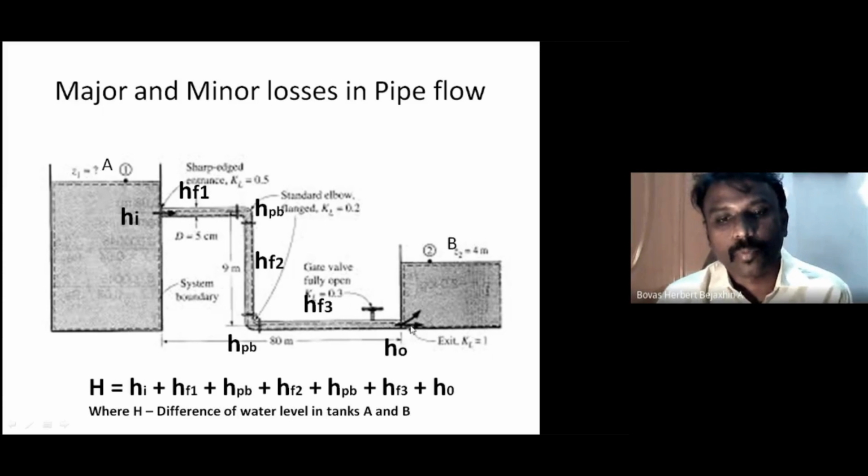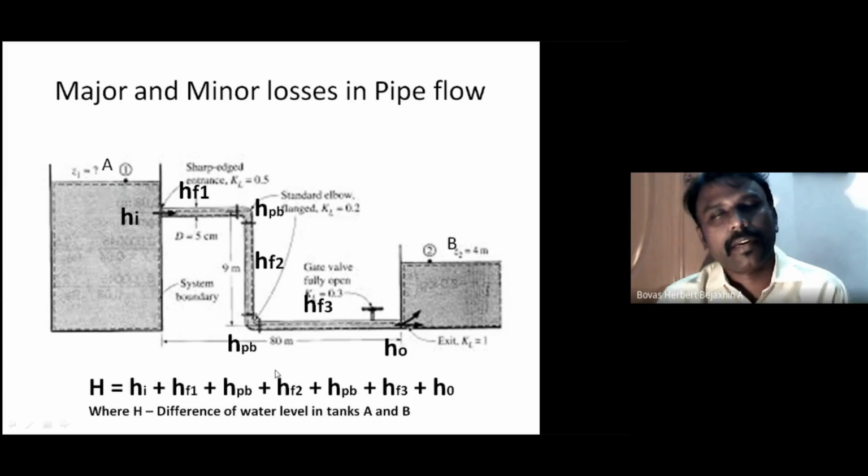So the summation of all these losses, major and minor, should be equal to the difference of level of water between tanks A and B. That difference is called capital H. So H is equal to the summation of all the losses. In some conditions, in real-time practical applications, they will neglect the minor losses, so we can neglect Hi, Hb1 and Hb2.